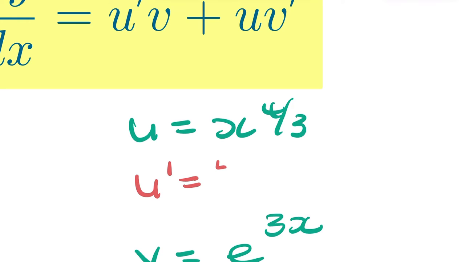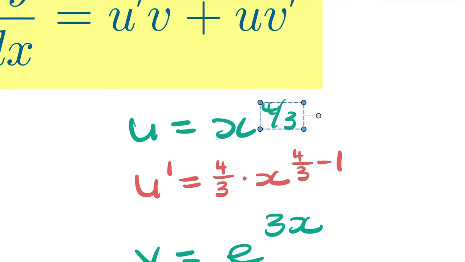So it would be 4 over 3 times x to the power 4 over 3 minus 1. So remember, what you do is you always subtract 1 from the power. So 4 over 3 minus 1 is 1 over 3.